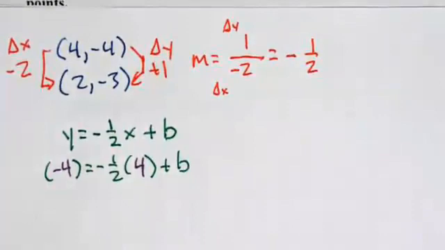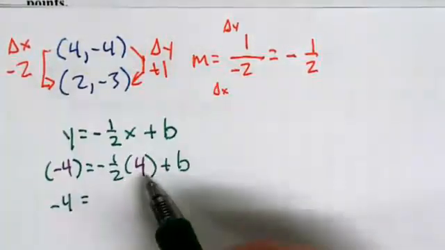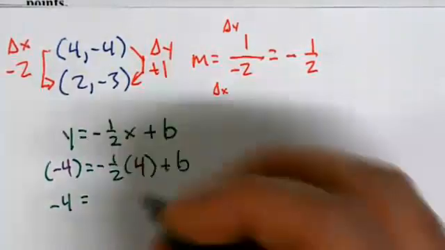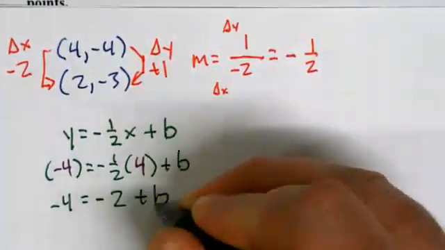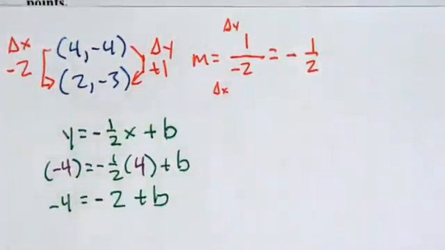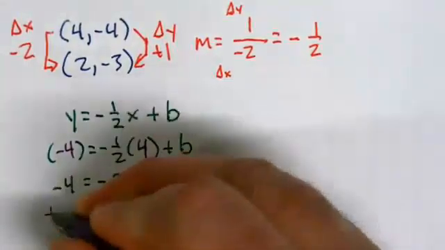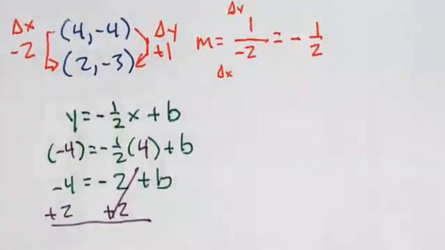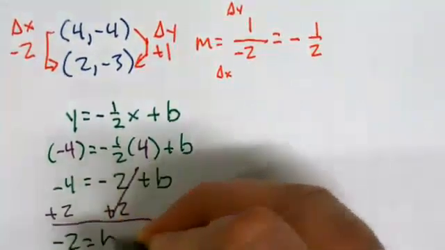All right, let's simplify this. That's just -4 equals, what's half of 4? Half times 4 would be half of 4. And it's negative. So -2 plus b. And then add 2 on both sides, and you got your value for b, and we're done. -4 plus 2 is -2.